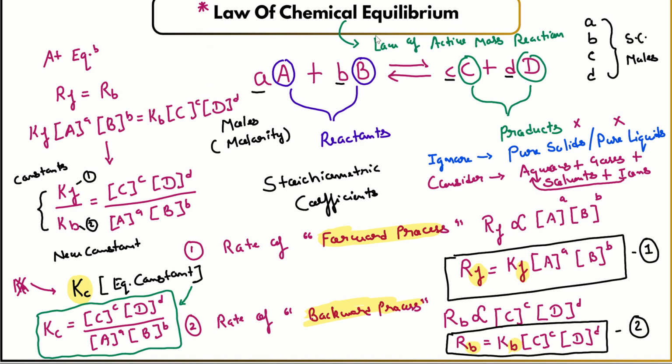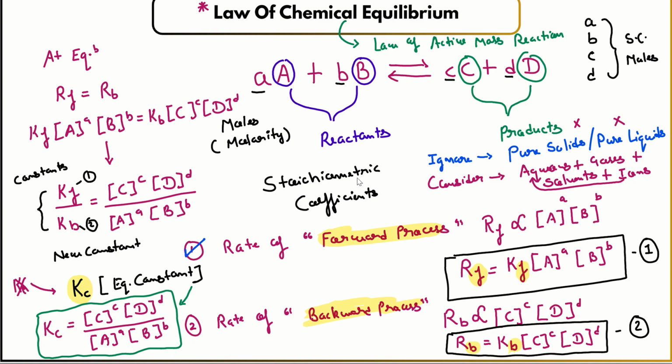Just to give you a wind up recalling capacity, we have learned that the rate of the forward process is directly proportional to the concentration of reactants raised to the power of their stoichiometric coefficients, which you can also call the number of moles. Here A and B were the reactants, and similarly the rate of the backward process is also directly proportional to the concentration of the products raised to the power of their stoichiometric coefficients.